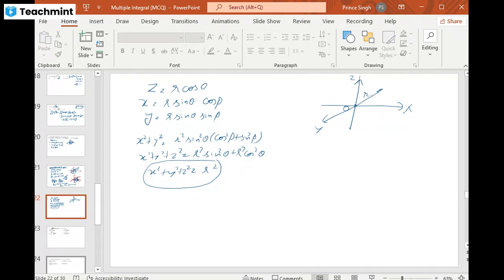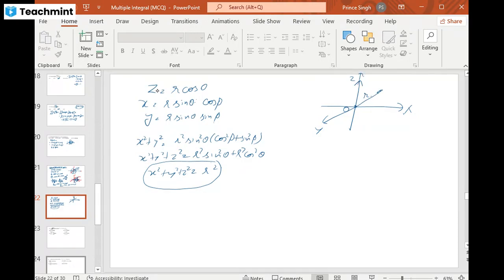Then with the z-axis we construct the angle theta, that means we construct one semicircle. What is the limit of theta? Theta varies from 0 to pi. And the limit of r is 0 to the radius of the sphere. So we construct a semicircle, meaning theta varies from 0 to pi.